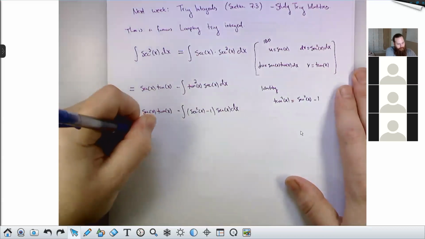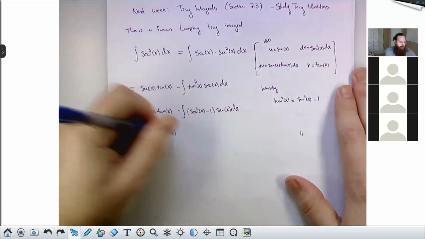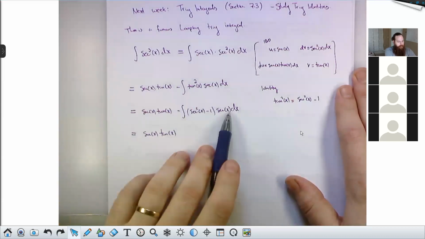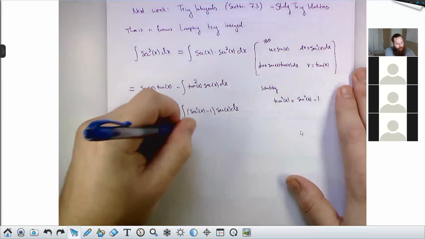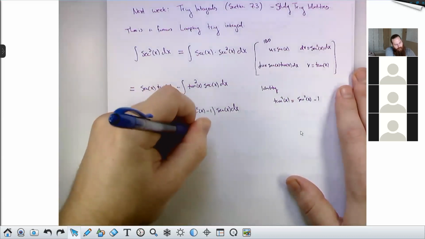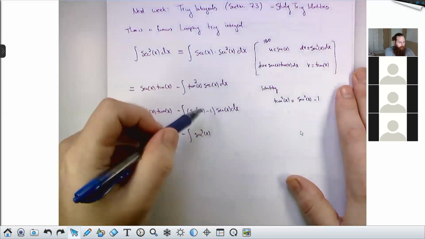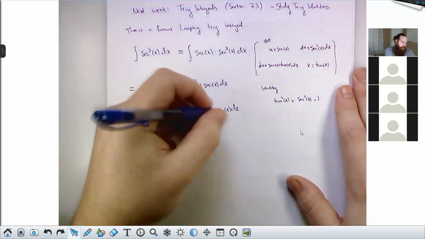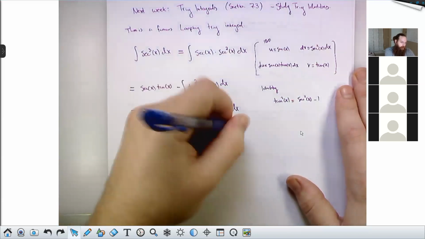This is secant x tangent x, and then I'll distribute this secant. So I'll have minus the integral of secant cubed, and then we'll also have the minus secant here. And then we're going to split that integral up.